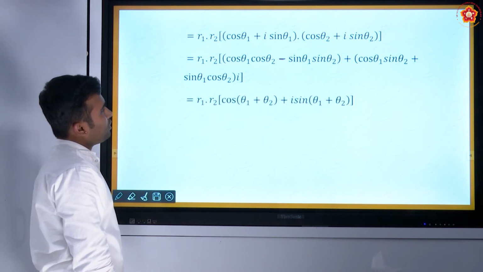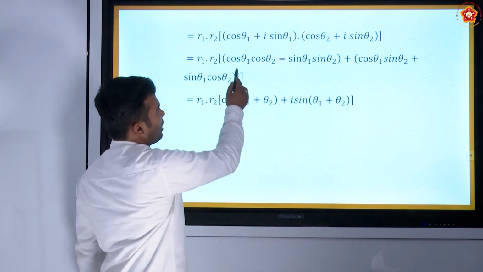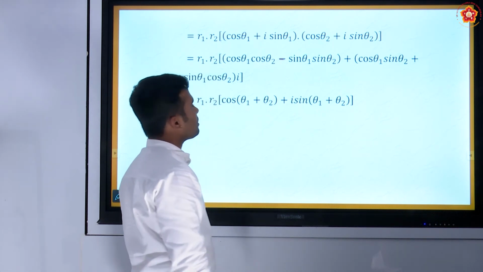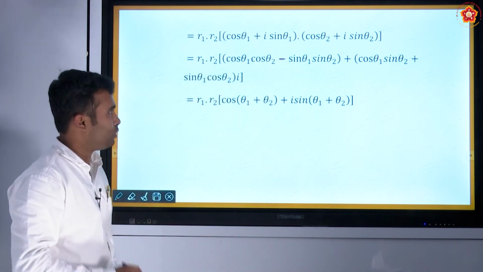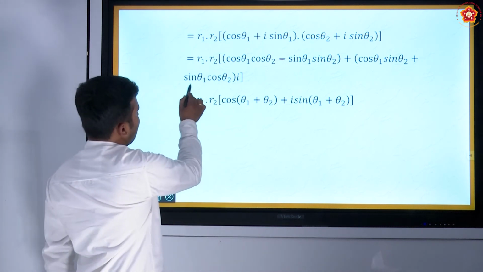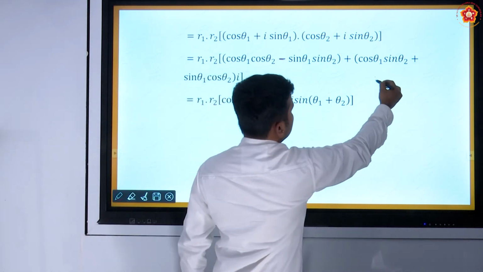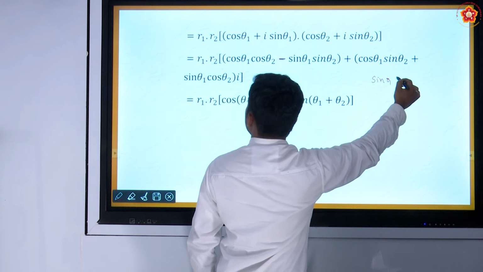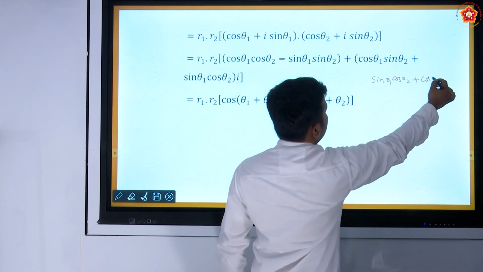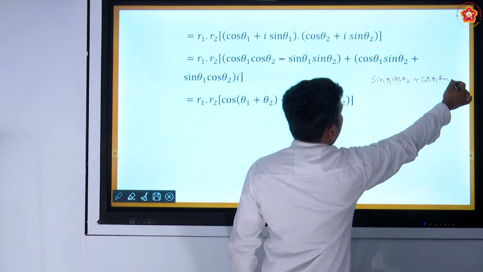Now from this we can write cos theta 1 cos theta 2 minus sin theta 1 sin theta 2 is nothing but cos of theta 1 plus theta 2, the formula. And here you can find sin theta 1 into cos theta 2 plus cos theta 1 into sin theta 2.